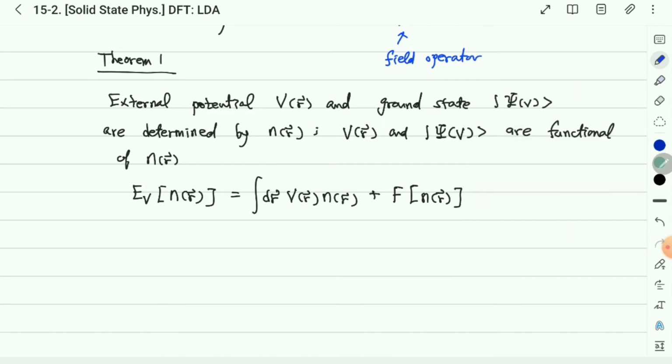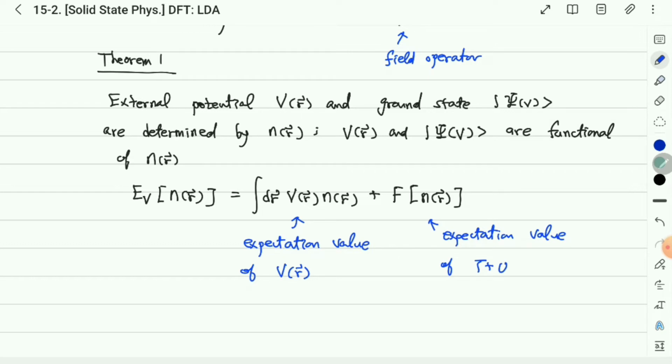The first term is the expectation value of V(r), and the extra term is the expectation value of T plus U. T plus U is calculated from quantum mechanics, while the expectation of V(r) is exceptional, so the integration of V(r) n(r) is very important.